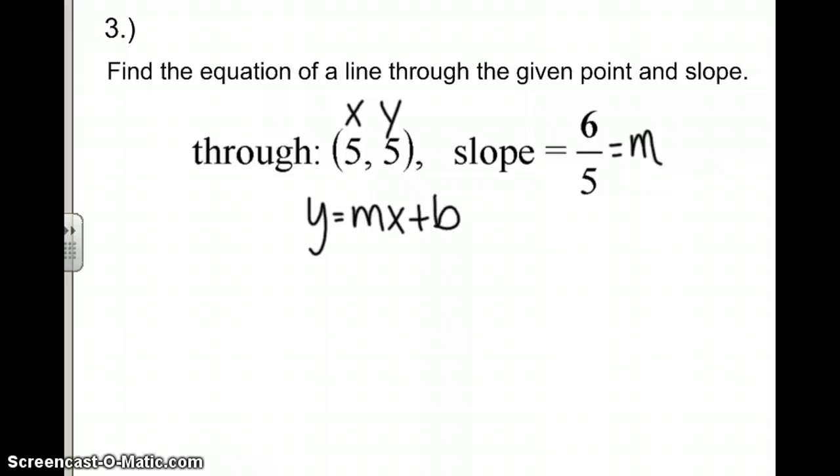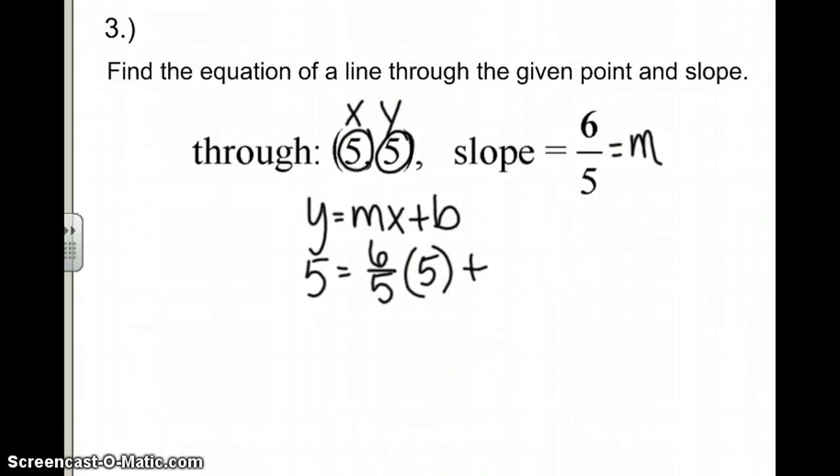So we have y, we have the m, and we have the x. We're finding b. Plugging in here, we have 5 equals 6/5, which is your m, times the other 5, which is representing your x, plus b. Solve this out.